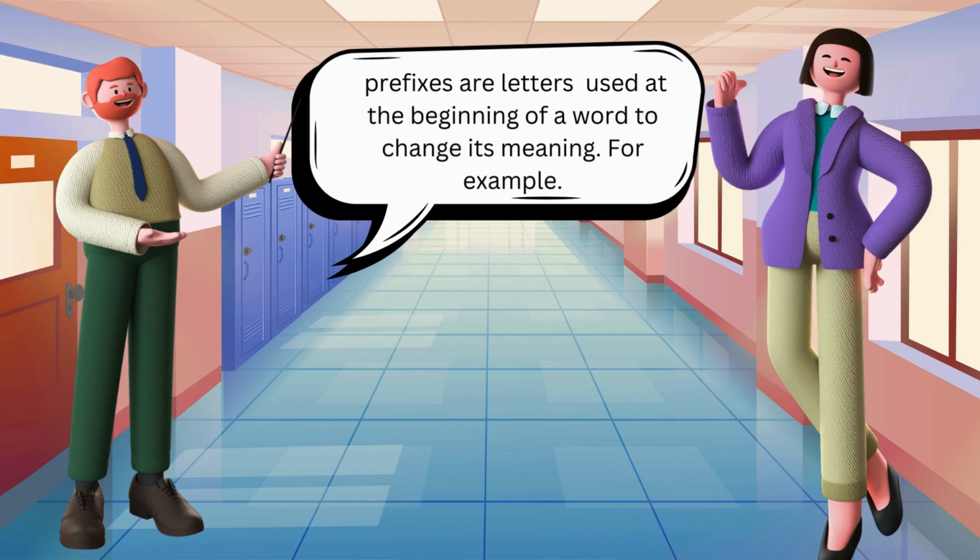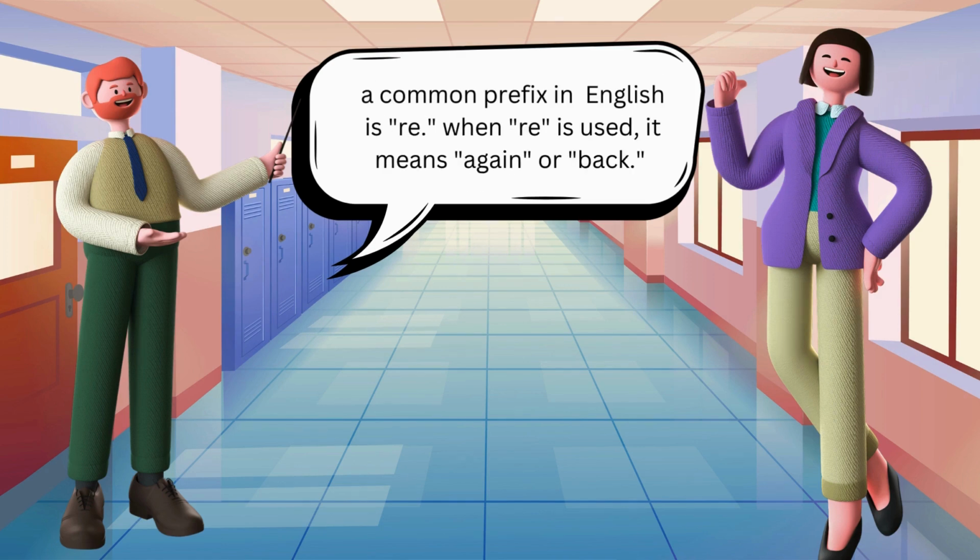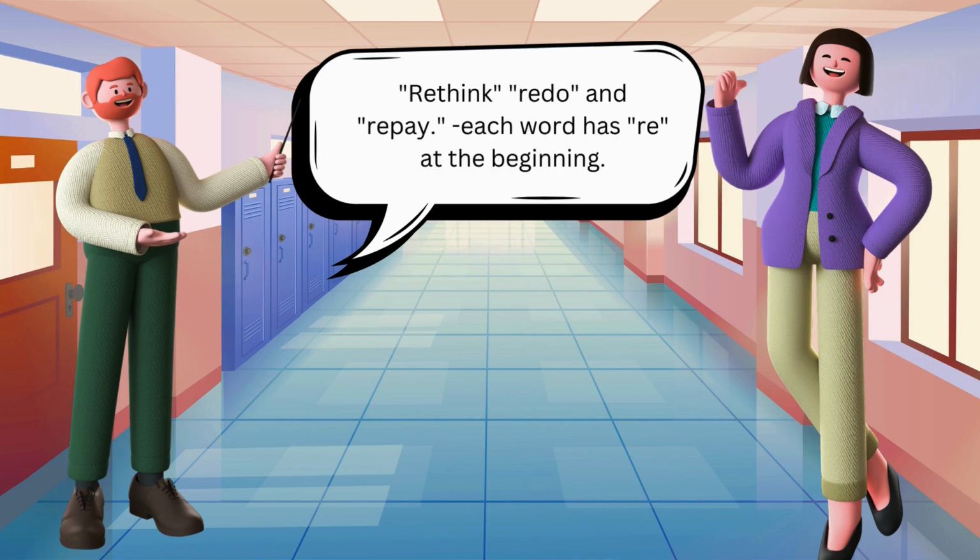Prefixes are letters used at the beginning of a word to change its meaning. For example, a common prefix in English is re. When re is used, it means again or back. Rethink, redo, and repay. Each word has re at the beginning.